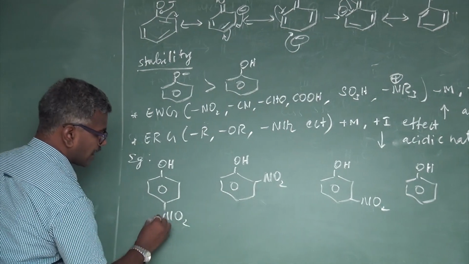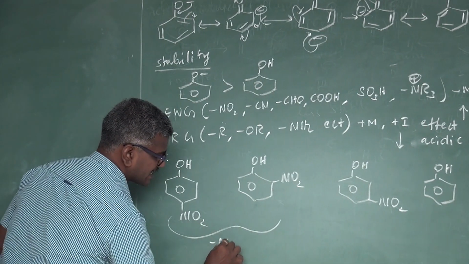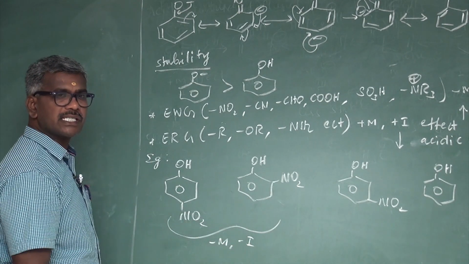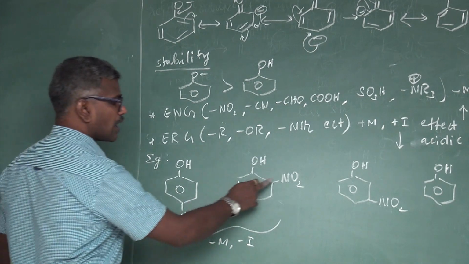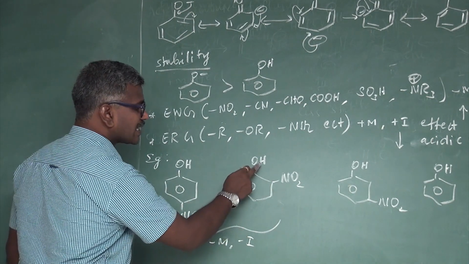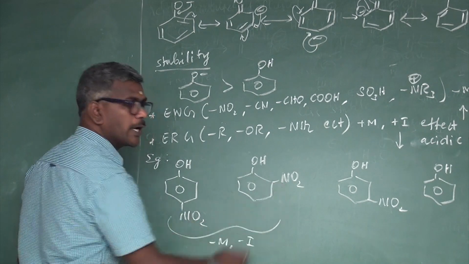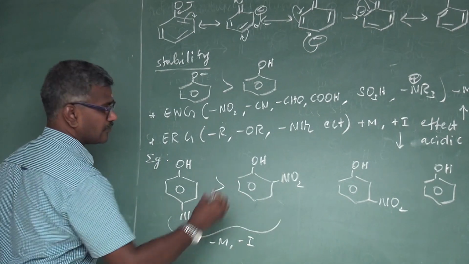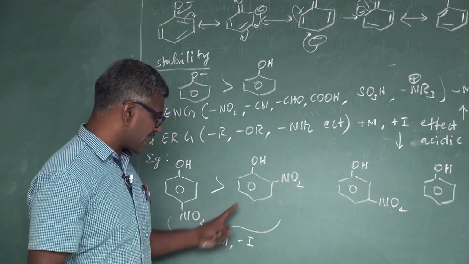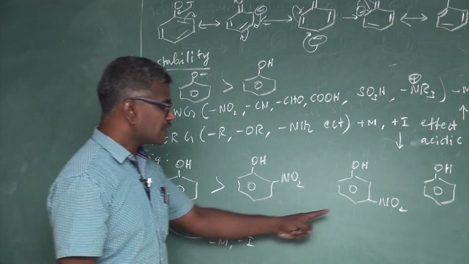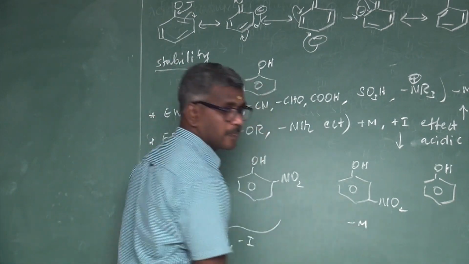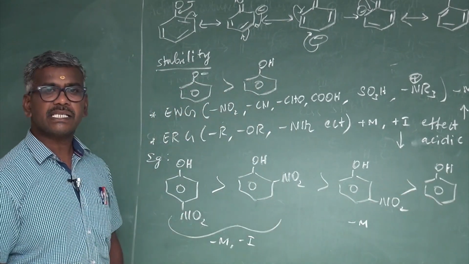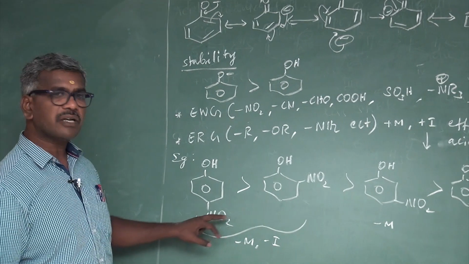Comparatively, the ortho and para compounds exhibit minus M and minus I effect. Between para and ortho, which one is more acidic? The para compound is more acidic, the ortho compound is less acidic, because this hydrogen is trapped by the NO2 due to intramolecular hydrogen bonding, so it is less acidic. The meta compound exhibits only minus I, so it is less acidic. These are the decreasing order of acidic nature with electron withdrawing groups.